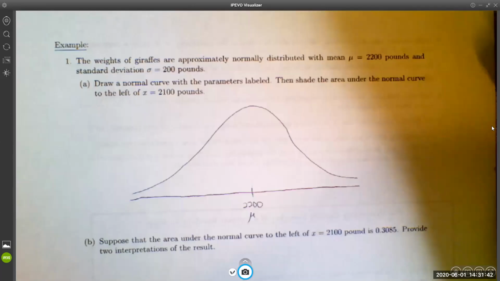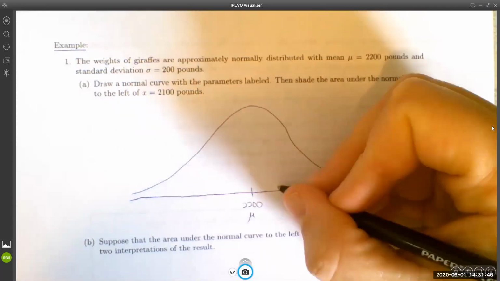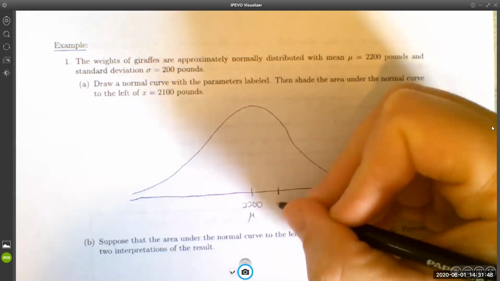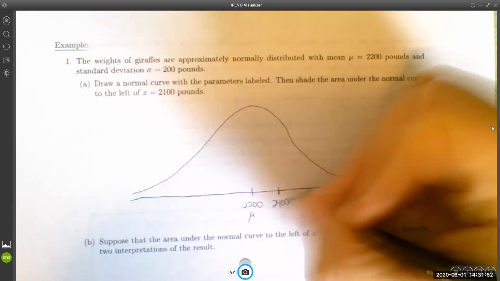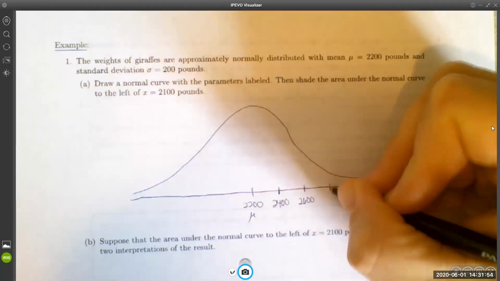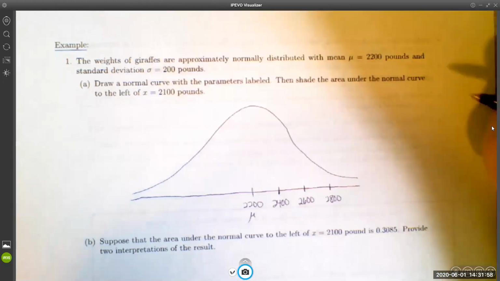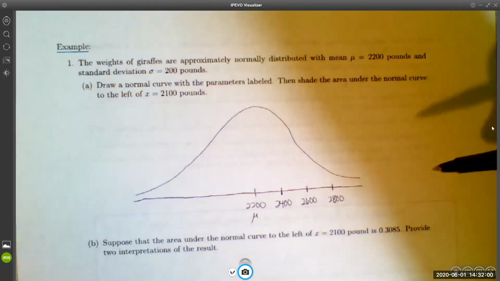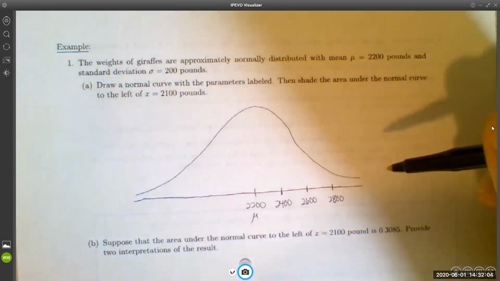We're also told the standard deviation is 200 pounds. So if you're 1 standard deviation above the mean, then you're at 2,400 pounds. 2 above puts you at 2,600, and 3 above puts you at 2,800. I'm not too particular about where exactly these tick marks are. As long as you're putting 1, 2, and 3 standard deviations from the mean, I'm happy.